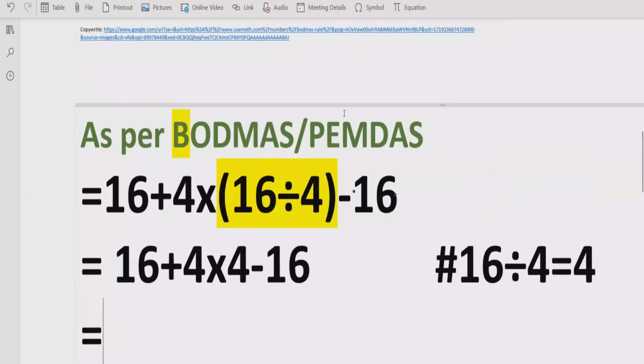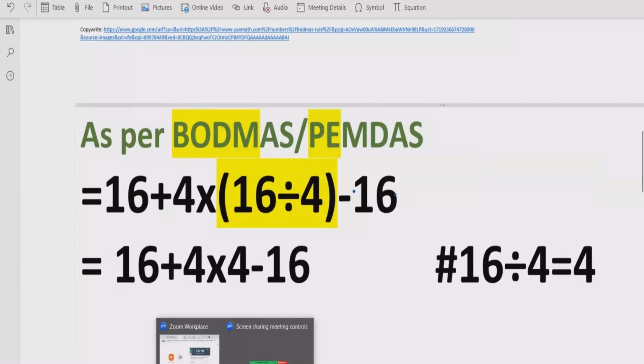Now move forward. Step number 2, find the exponent part. In our expression we do not have any exponent, so we will skip this step. Step number 3 we will solve now, which is division and multiplication. We solve division and multiplication simultaneously because they have similar precedence.